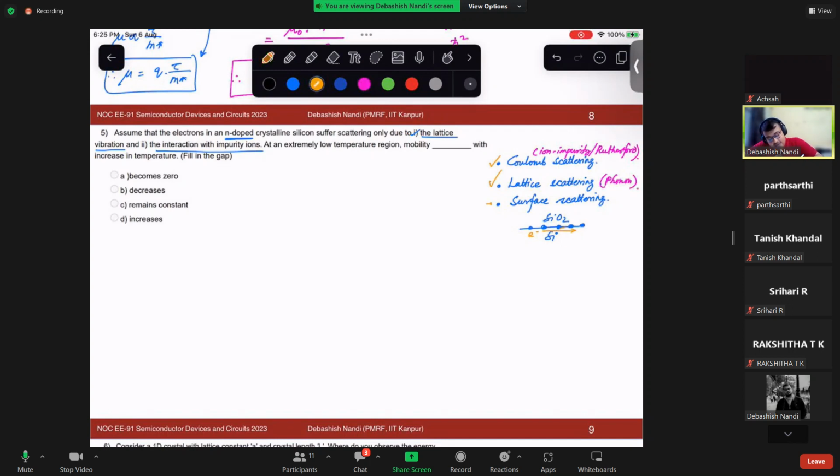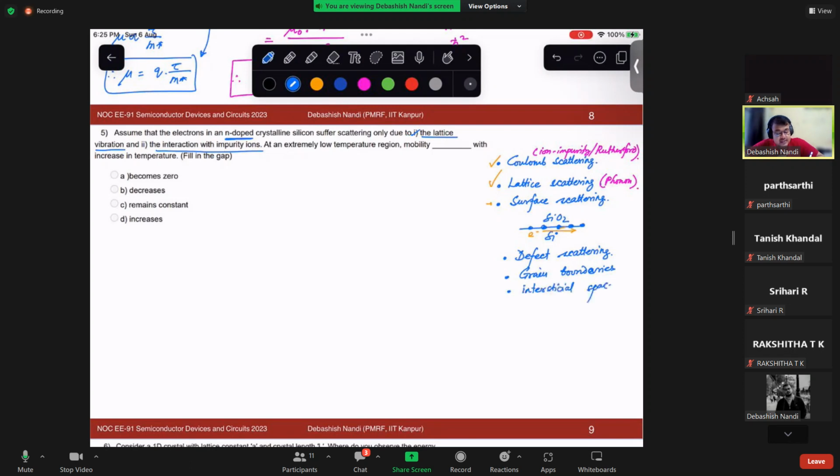Then you can have defect scattering. Then you can have scattering due to grain boundaries, which I have already told. Then you can have scattering due to interstitial space.